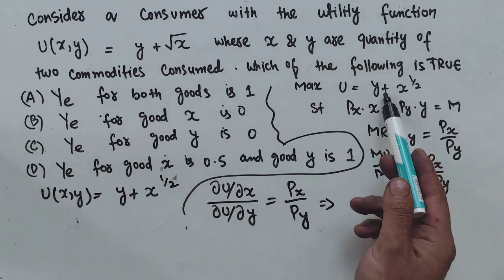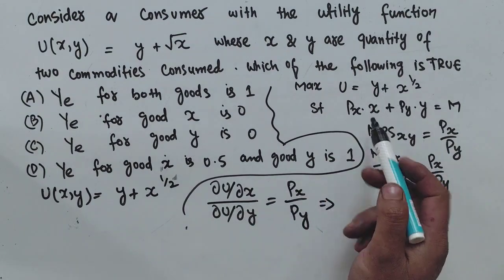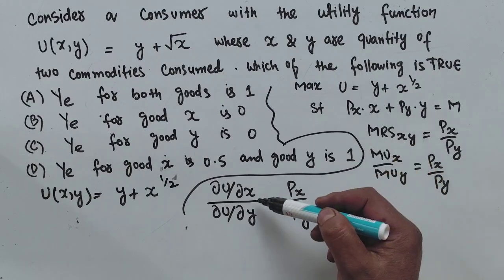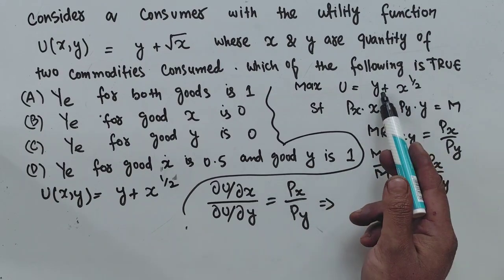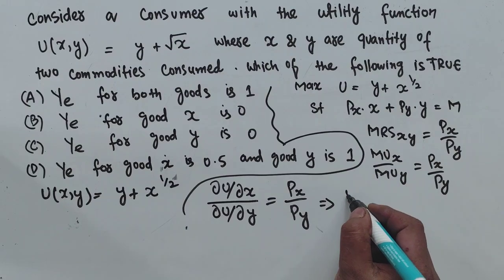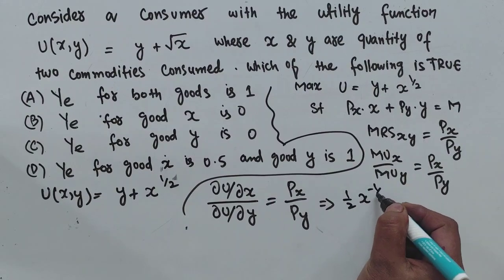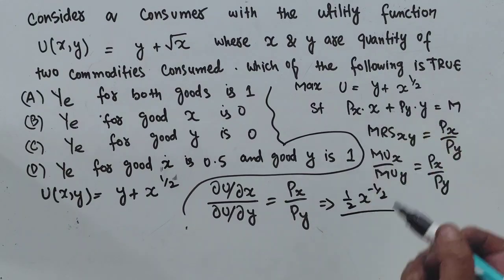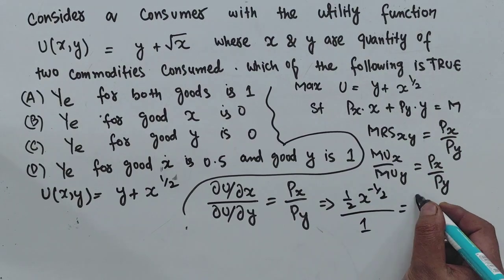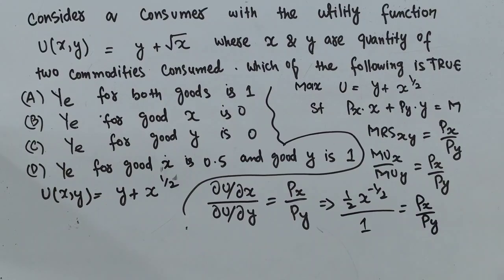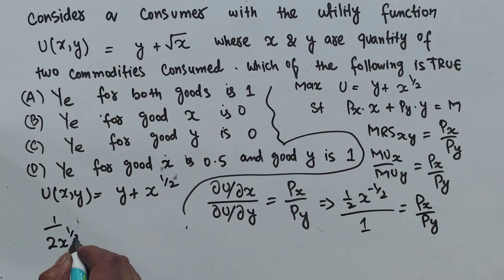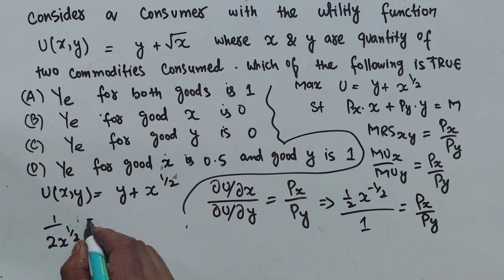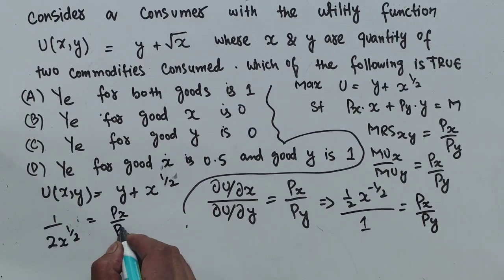Now the derivative of this function with respect to x: the derivative of y will be 0 because we are taking the partial with respect to x. So we get 1/2 x raised to the power minus 1/2, the derivative of x raised to the power 1/2, divided by the derivative of y, which is 1, should be equal to Px upon Py. So we got 1 divided by twice x raised to the power 1/2 equal to Px upon Py.